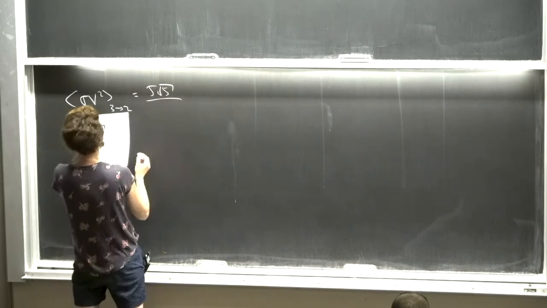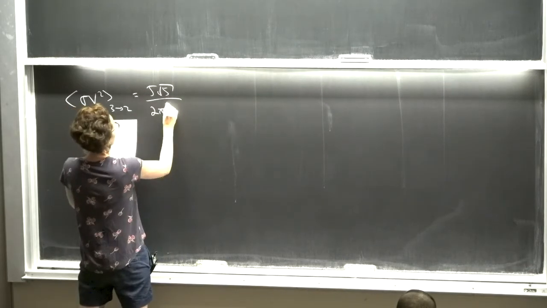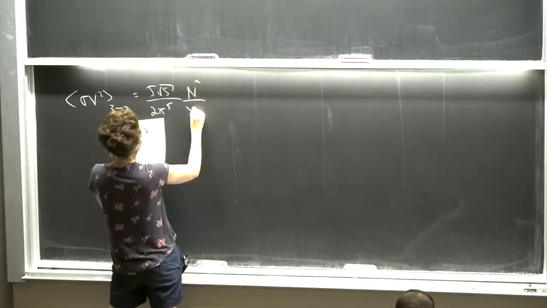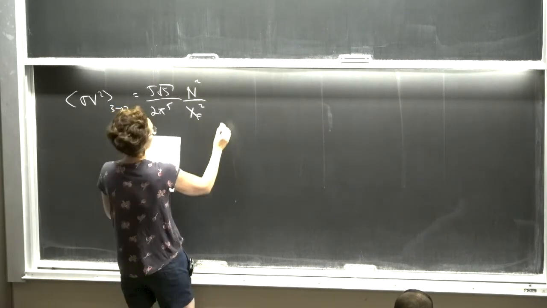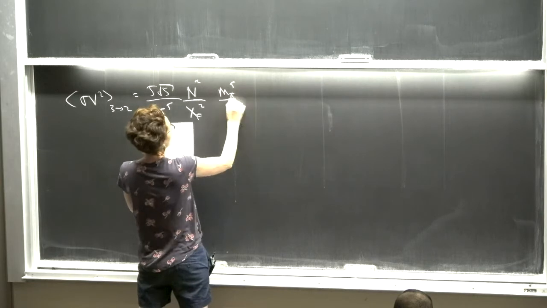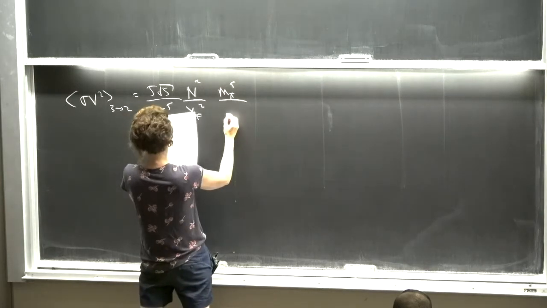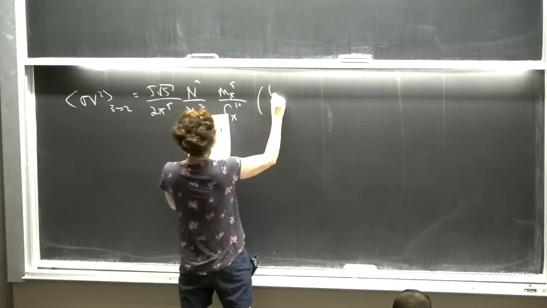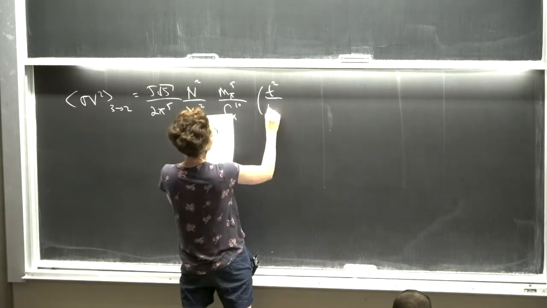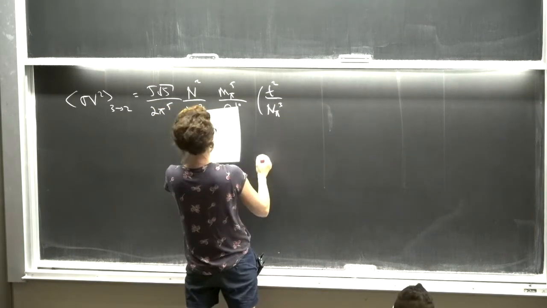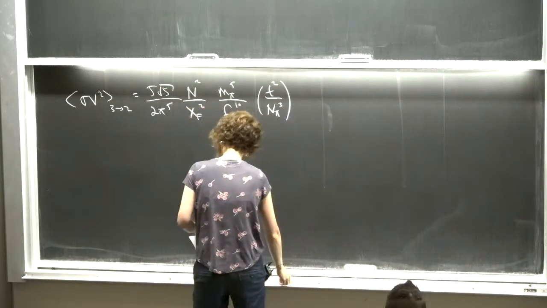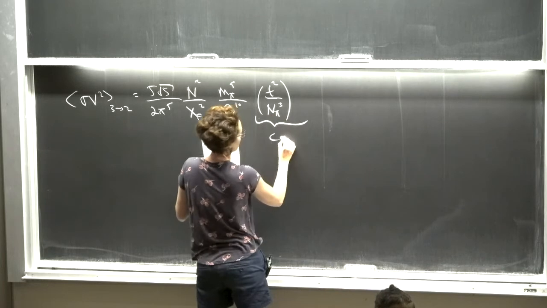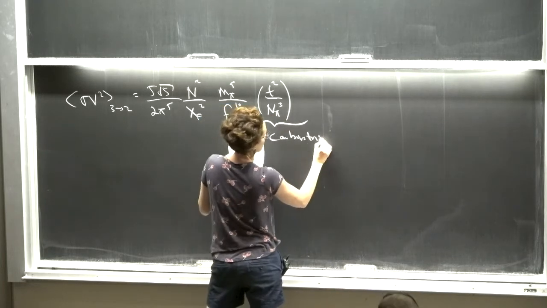But the answer is 5 square root 5 over 2 pi to the 5th, number of colors squared over x freeze-out squared, mass of the pion to the 5th over the decay constant of the pion to the 10th, times some combinatorial factor, I'll call it for historical reasons t squared over number of pions cubed. For this piece over here, this is just combinatorics.